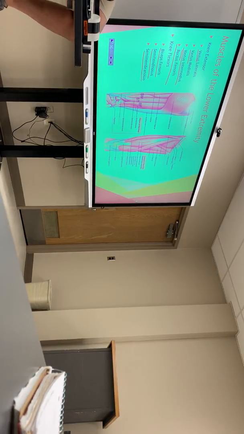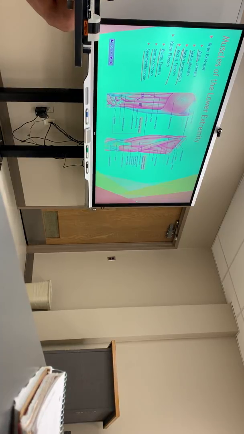Semitendinosus, just remember, has tendon in it, and you can feel the tendon here, so that is the one on top, on the surface. You can feel both tendons, but to remember which one is deep and which is superficial, semitendinosus is on top of the semimembranosus.